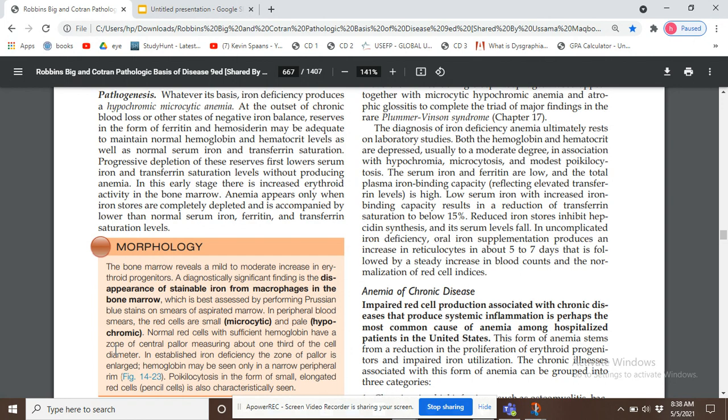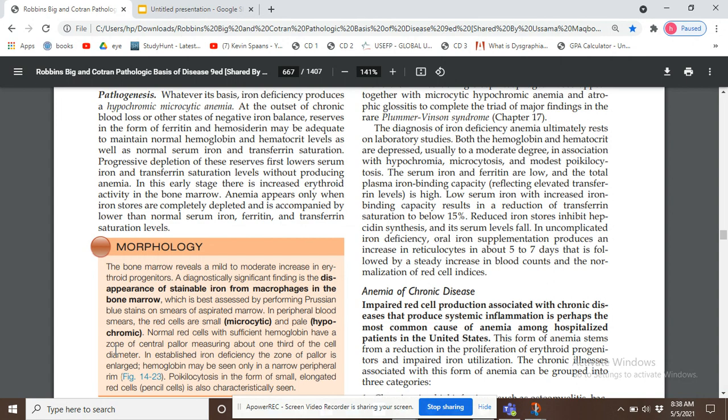Sorry, I think I gave the wrong concept. Let's review that again. Normal red blood cells have a sufficient amount of hemoglobin, and that hemoglobin gives the red color to the cell.